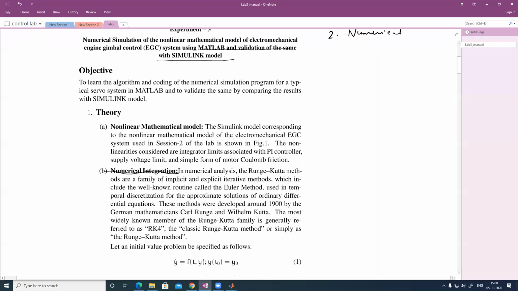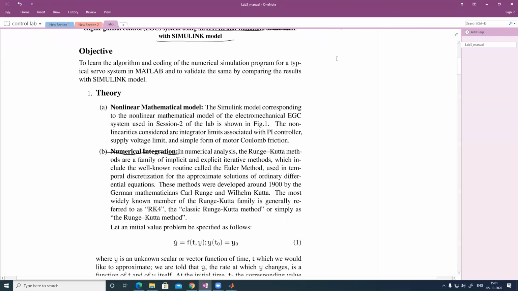There we are setting the configuration parameters, fixed step and step size. These values we are setting there for numerical simulation. Earlier you used RK4, Runge-Kutta 4. Here in MATLAB also you are doing the same Runge-Kutta method, RK4.